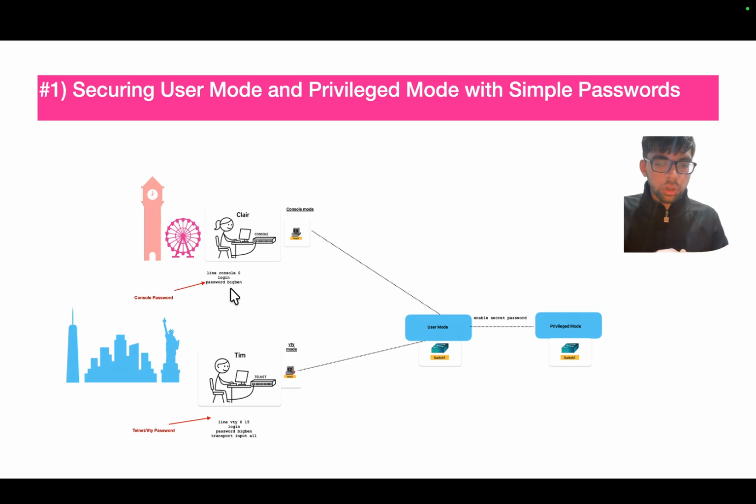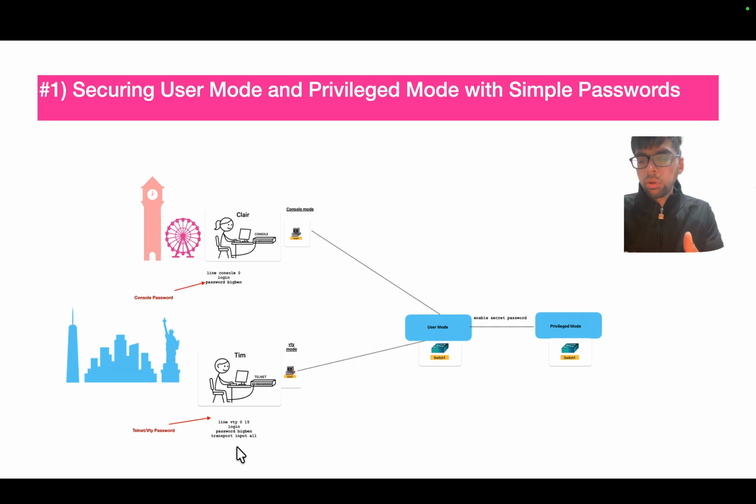Across the pond, we've got Tim. Tim has a switch and wants to configure a password for it. So he goes into global configuration mode, line vty 0 15, login, and specifies a password, also Big Ben, and transport input all.